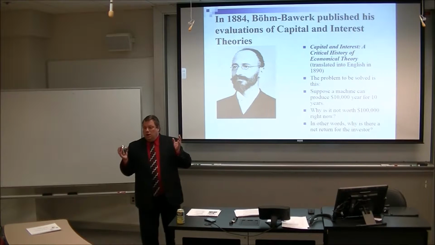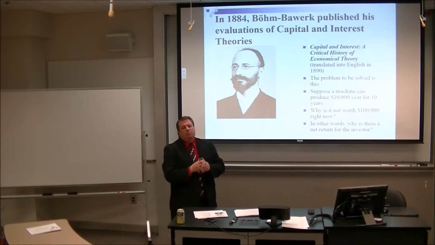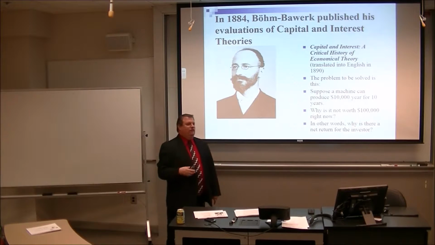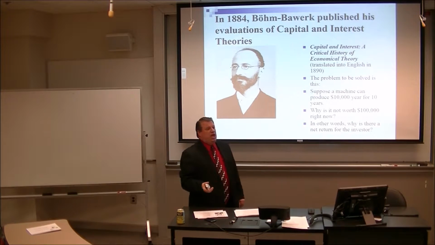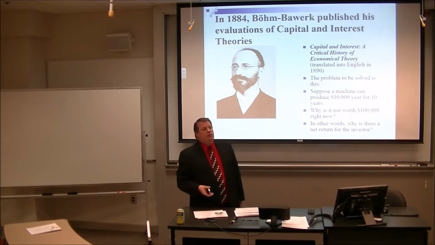And so, what did he talk about? Well, he says, suppose we have a machine. This machine will produce $10,000 worth of stuff each year for 10 years. So how much would you pay for that machine? Would you pay $100,000?